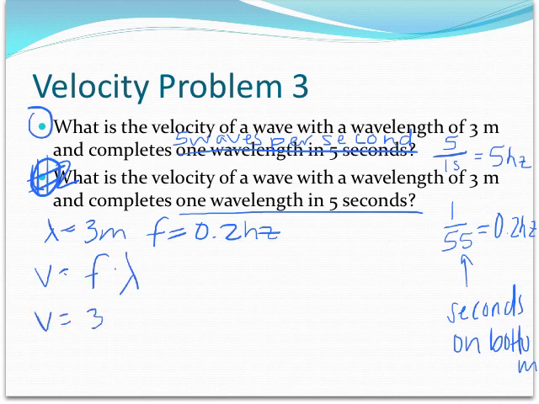So that's going to be 3 times 0.2, which is going to be 0.6 meters per second. So you have to pay close attention to the way the words are phrased, okay? If it's multiple waves in 1 second, then your frequency is going to be greater than 1. If it's 1 wave in many seconds, then your frequency will be less than 1, okay?